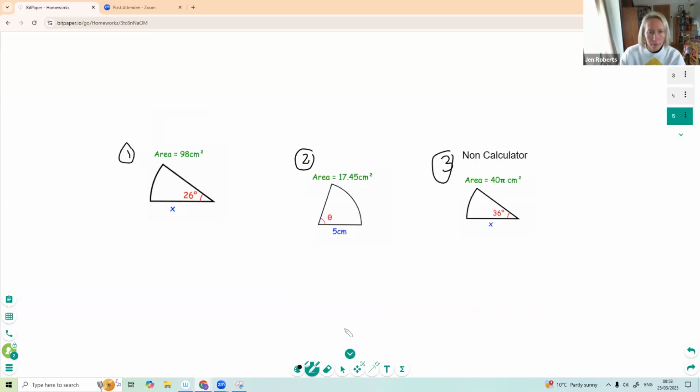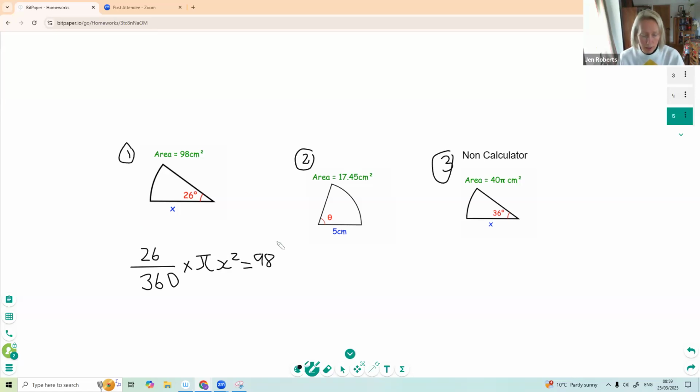Okay, for this next question, have a go at these 3 questions. Put me on pause and then you can unpause to see how you get on. Okay, so for this first one, 26 over 360 times pi x squared equals 98.